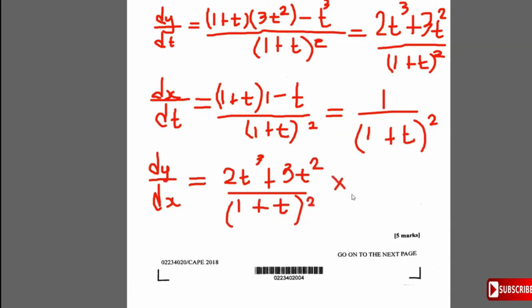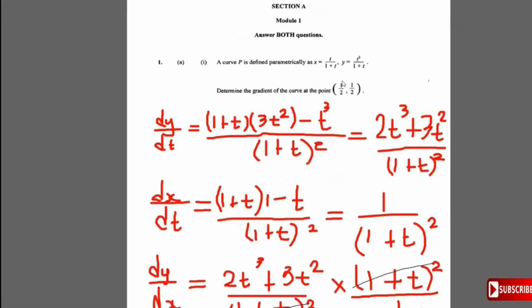Dt dx is going to be 1 plus t squared over 1. After we do that, we observe that 1 plus t squared cancels with 1 plus t squared. And so dy by dx is just this. Now we need to find the value of t when x is a half and y is a half, so that we can plug in that value for t.